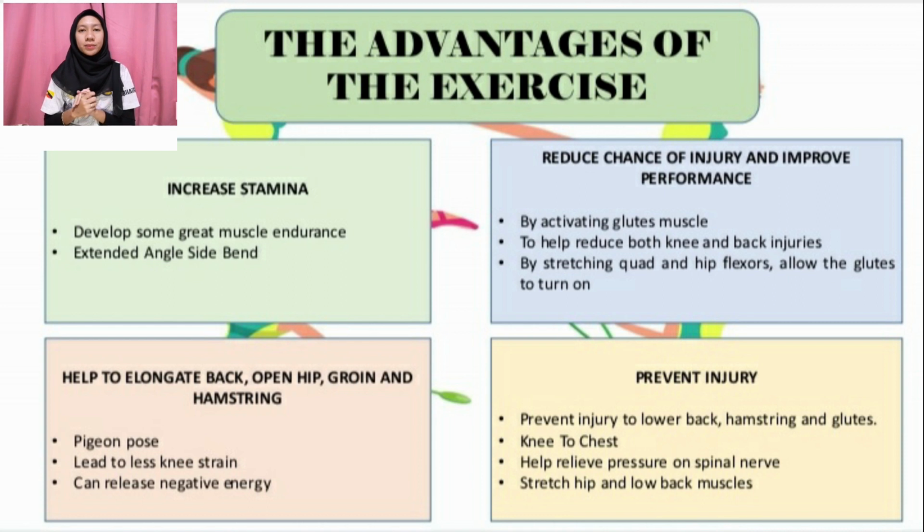Third is helping to elongate the back, and open the hip, groin and hamstring. The exercise such as pigeon pose can help with this. Open hips also lead to less knee strain, which means greater range of motion. Open hips can release negative energy.